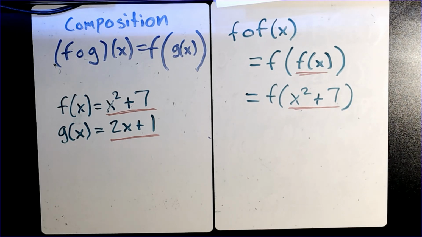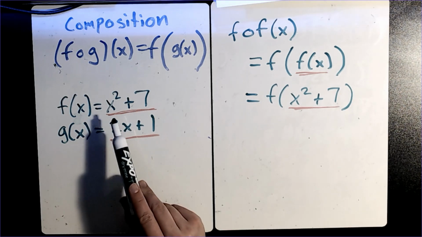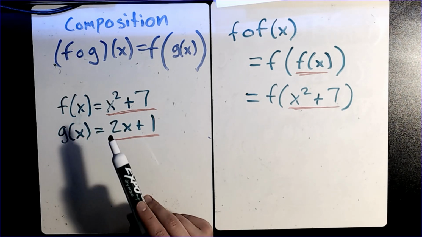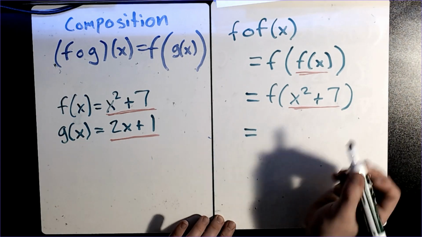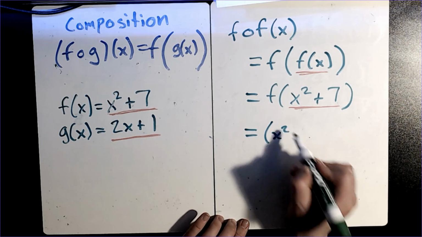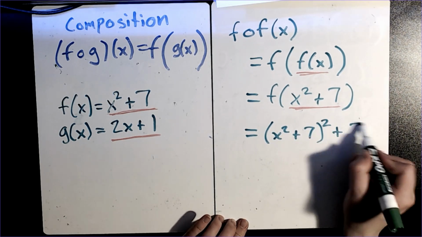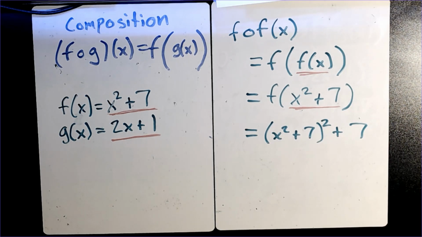So everywhere there's an x in f of x, which is x squared plus 7, replace the x with x squared plus 7, okay? So there's an x in this x squared, so replace that with x squared plus 7, and then plus 7. So x squared plus 7, squared, plus 7. That's f composed with f.